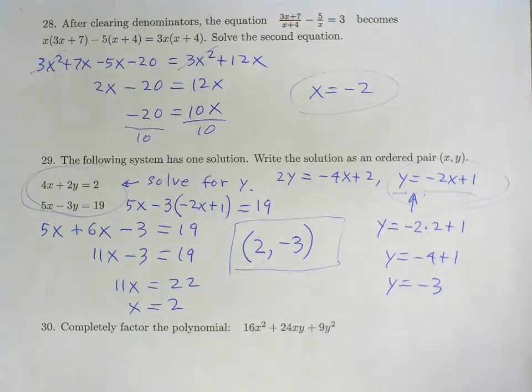Okay, the next problem, completely factor the polynomial 16x to the second plus 24xy plus 9y to the second. You can use the AC method, or you can recognize this as a perfect square trinomial. The term on the left is a perfect square.